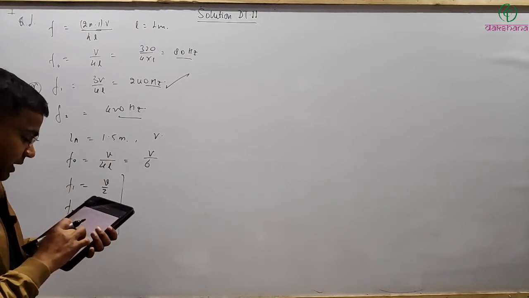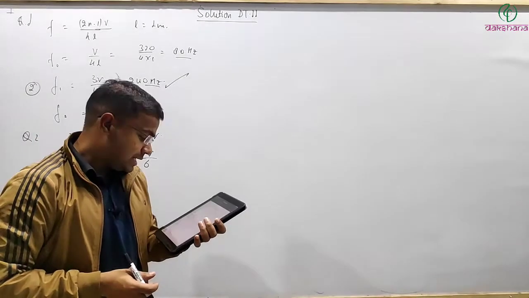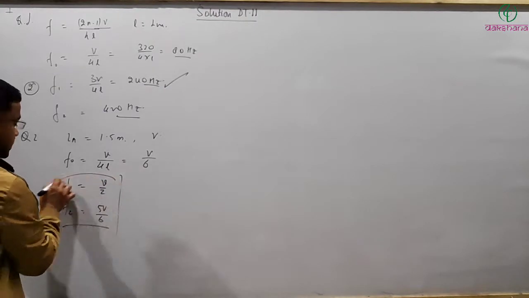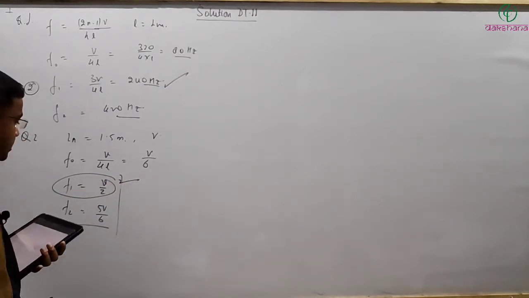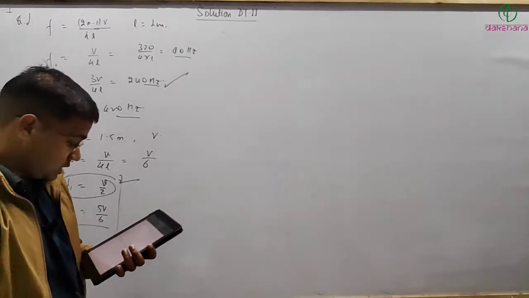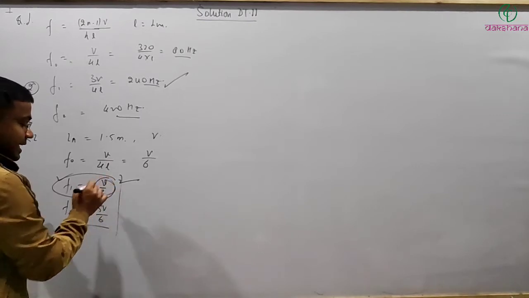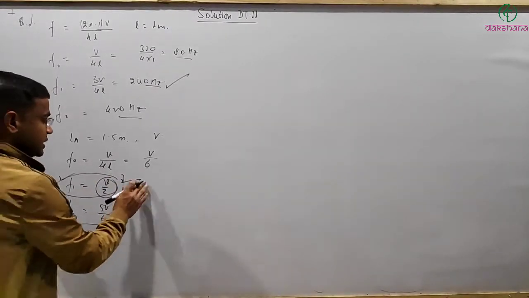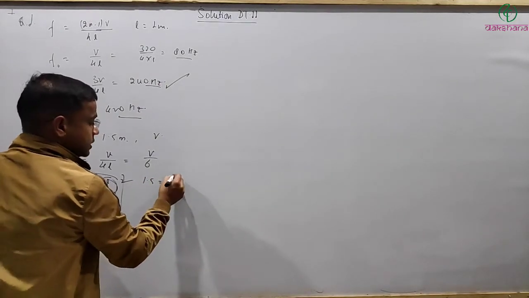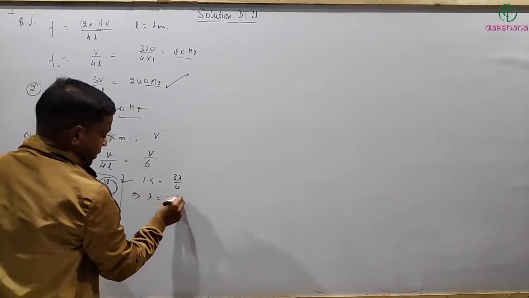The sound from pipe A sets up a resonance, the sound source sets up the standing wave with the second lowest resonant frequency. So that means this is the second lowest resonant frequency. For the second lowest resonance frequency, I can write 1.5 will be equal to 3 lambda by 4, and this implies lambda is equal to 2 meter.